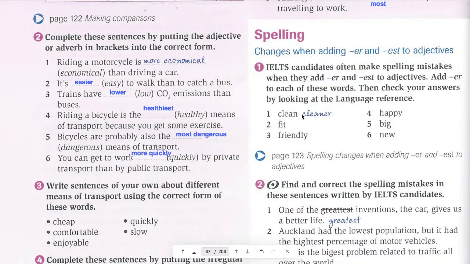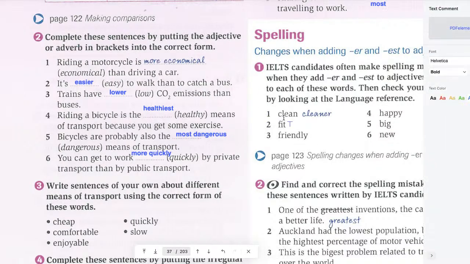So here we have number 1, clean. We have cleaner, right? Fit. We have what? Fitter. But we need to double T. F-I-T-T-E-R, fitter. Number 3, friendlier. Yes, it will become friendlier, but you need to replace Y by I, okay?